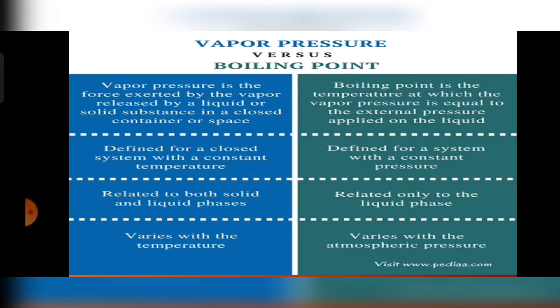So by increasing or decreasing atmospheric pressure, the boiling point of any liquid can be changed. This is the main difference between vapor pressure and boiling point.